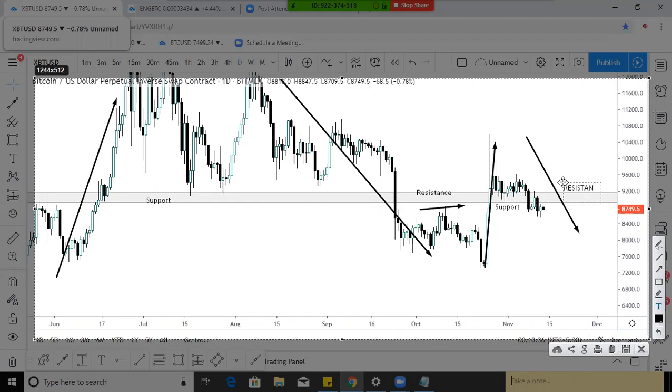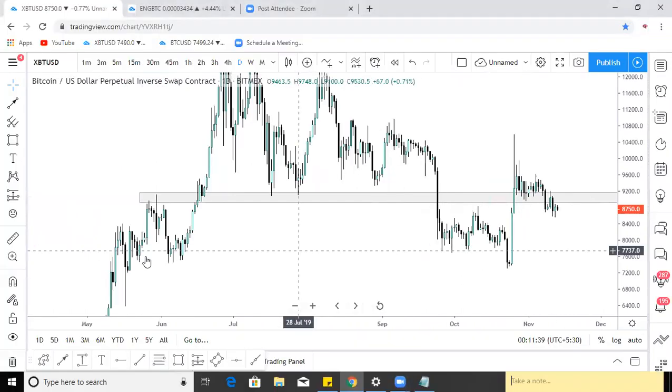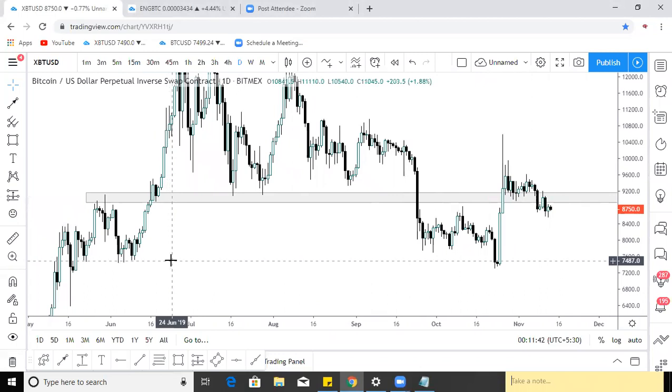So whenever the price is below this level, I will consider that this level is going to work as a resistance area, and price may touch this level and drop down to the next support area. So where would be my next support area? This level has worked many times as support and resistance.